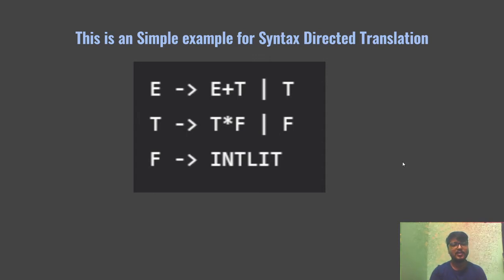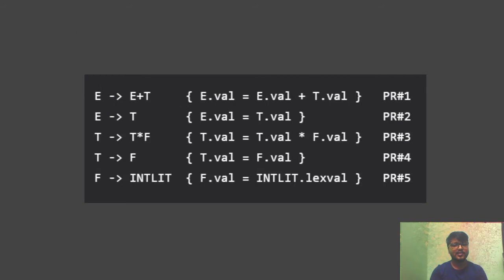Here the example given is E goes to E plus T, and T goes to T times F, and F goes to id. So for understanding the translation rules further, we take the first syntax directed translation augmented to production rule 1.